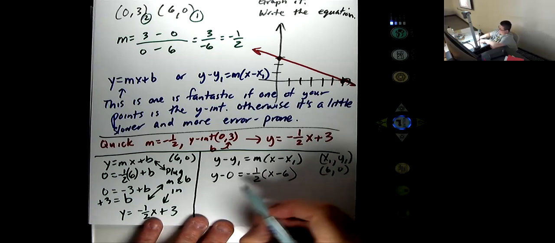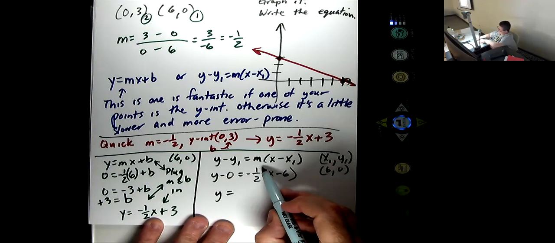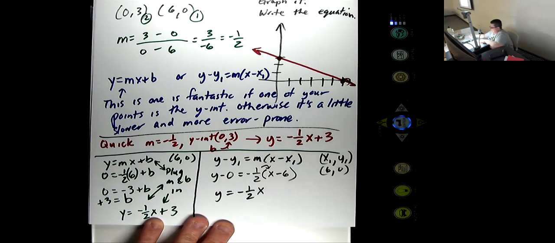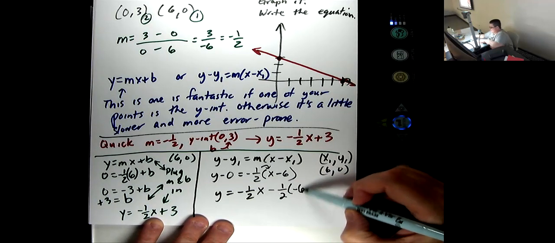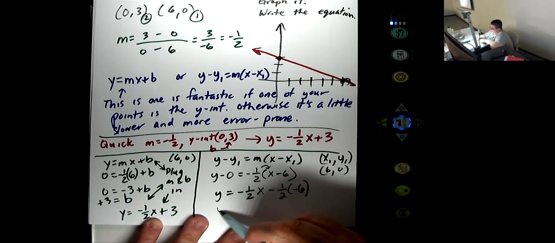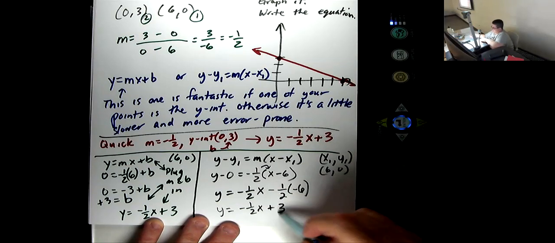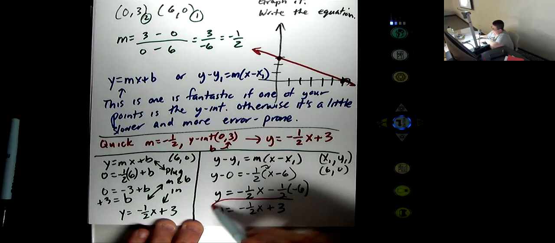So if I distribute, well, y minus 0 is the same thing as y. Then I have to distribute here. -1/2 times x is -1/2 x. And then I have -1/2 times -6. And -1/2 times -6 is +3. And you'll see we got the same thing on all of them.